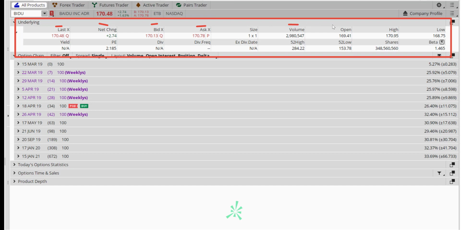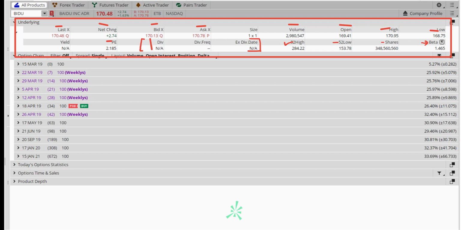what's the volume, what was the price during opening, how high did it go, what's the lowest price, PE ratio. From here till here, there's information about the dividend, the 52-week high, 52-week low, and the amount of outstanding shares. And finally, the beta value.